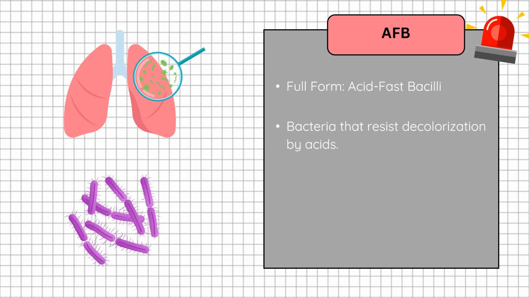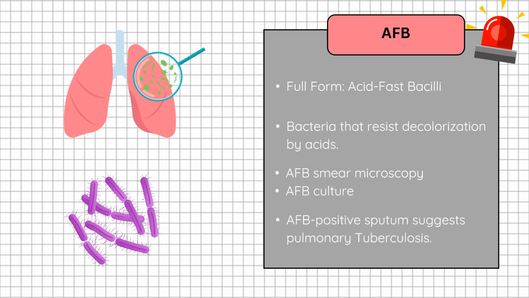So the key tests that you will find in the reports are AFB smear microscopy, acid fast bacilli smear microscopy, and AFB culture. A positive AFB smear microscopy or AFB culture test indicates that the patient has pulmonary tuberculosis.